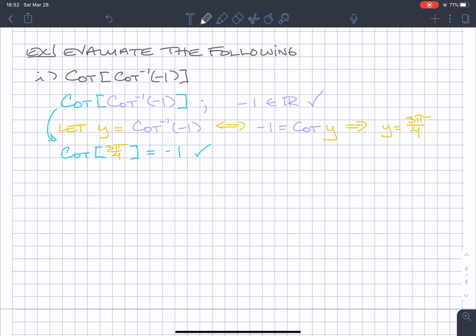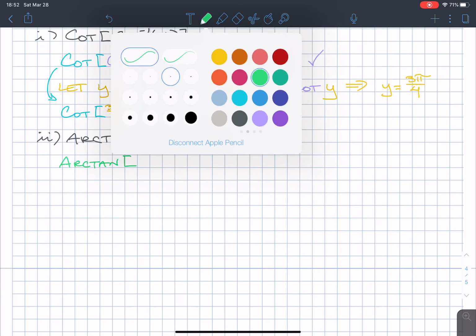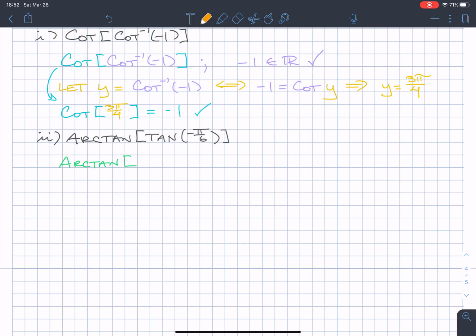Okay, so number 2. What if we had arctangent of tangent of negative pi over 6? Hopefully we'll get negative pi over 6 back. So let's do arctan of regular tangent of negative pi over 6.